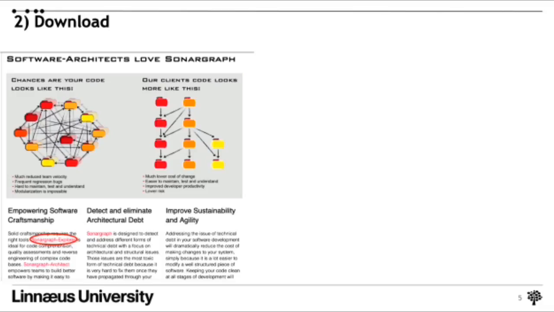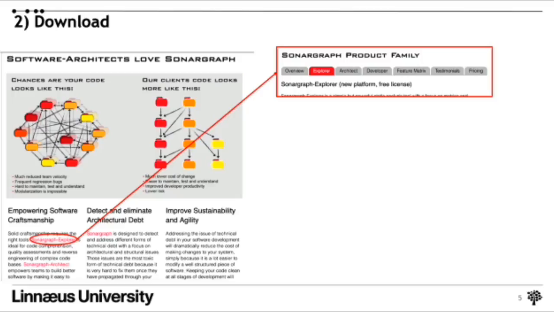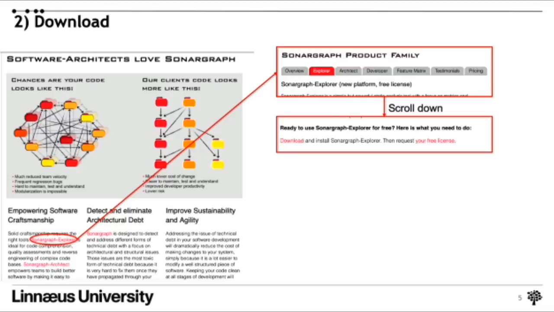Okay, and then you will be redirected to a new page. And be sure you are under the Explorer tab. Okay. If you are under the Explorer tab, then it's red. Then scroll down until the end of the page. When you reach this sentence written on the web page, click on download.